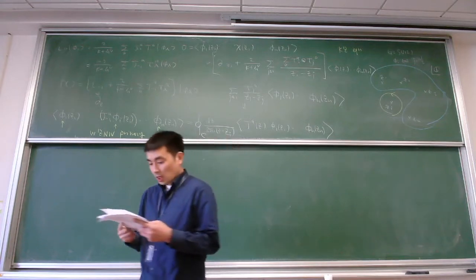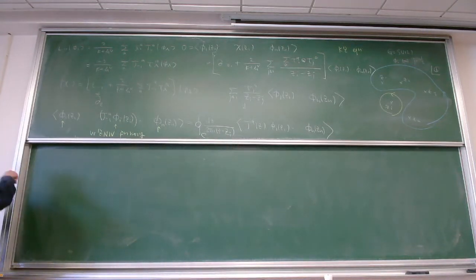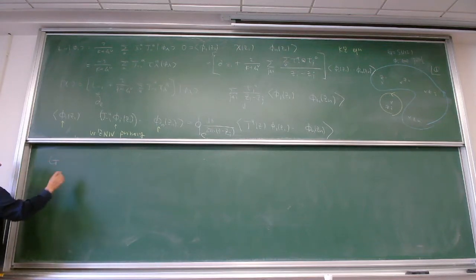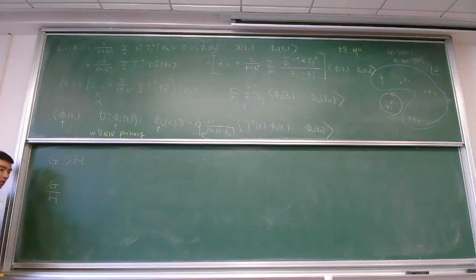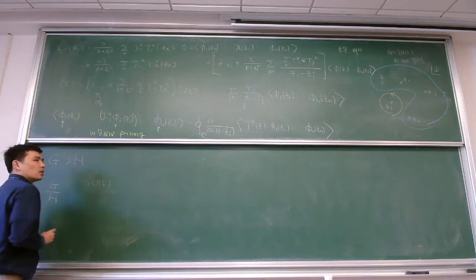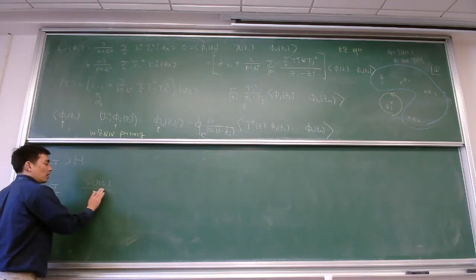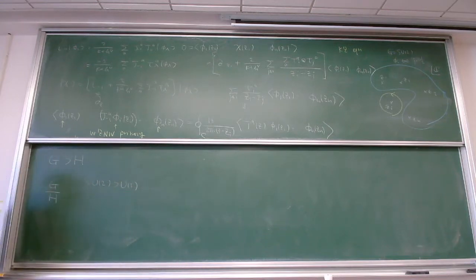Also, there is a Lie group G and there is some sub-Lie group H. You can always consider the quotient space G over H. For instance, SU2 has a U1 subgroup, which is diagonal.